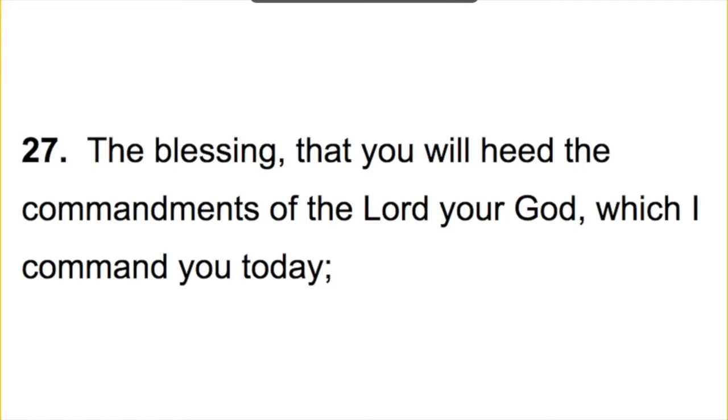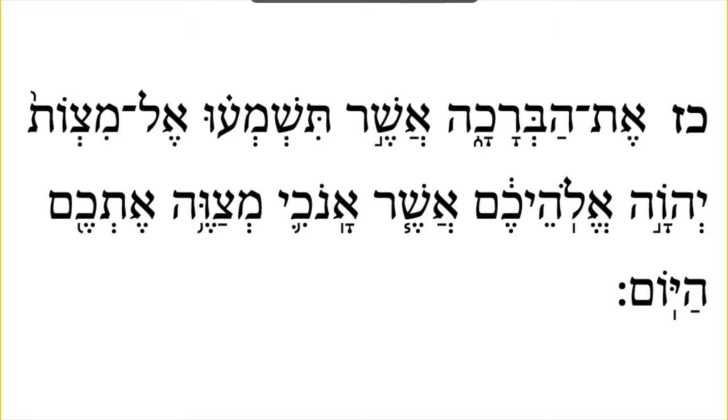Okay, let's read this in English again too. The blessing that you will heed the commandments of the Lord your God, which I command you today. This is very interesting, the way it's worded. So this is aleph tav, and this is not a shiva. I keep forgetting the name of that vowel. Sagol. Thank you. So can someone say this?